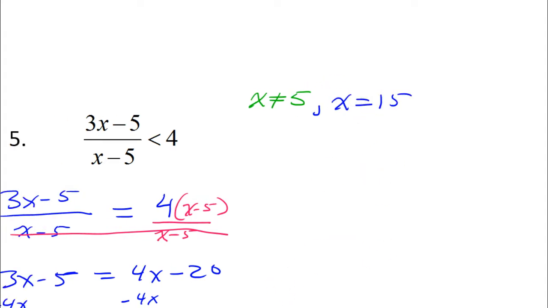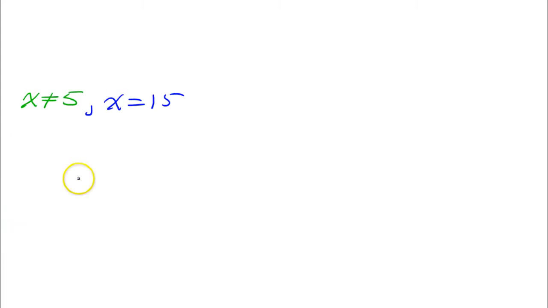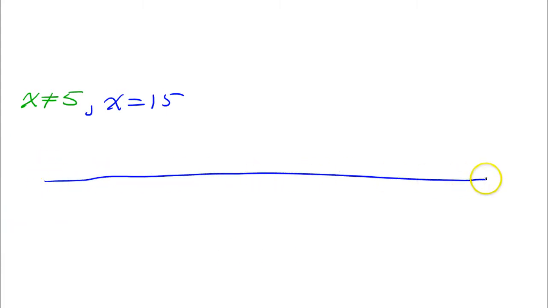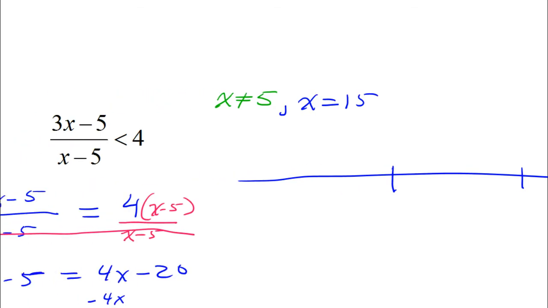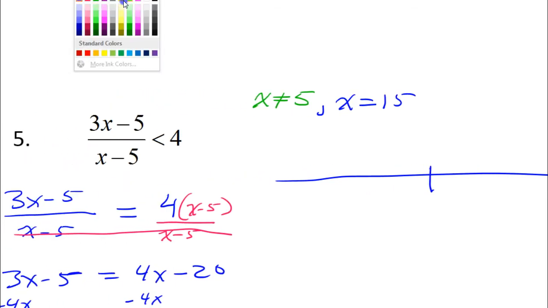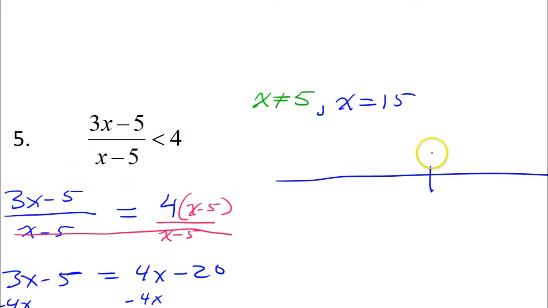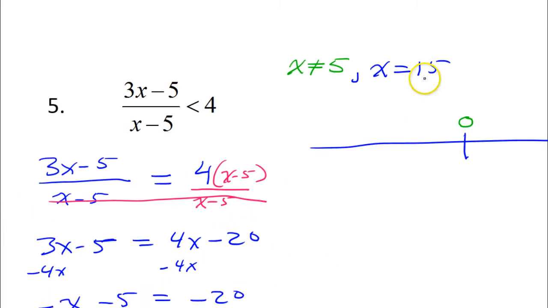All right, so that's it. I'm going to put these two critical values on my number line. Now remember, excluded values are always graphed as open circles, because an open circle shows that this value will not be included. It is excluded. On the other hand, the solutions to the equation that we just solved will sometimes be open and sometimes be closed.